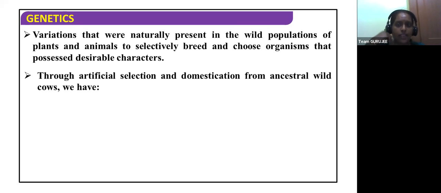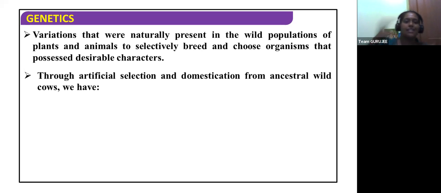So variation that was naturally present in wild populations of plants and animals is used to selectively breed and choose the organisms that possess desirable characters. What happened naturally is still happening naturally in lots of places. So there are lots of variations. Where is that variation coming from? It's coming from nature only. Obviously, variation is due to environmental changes.